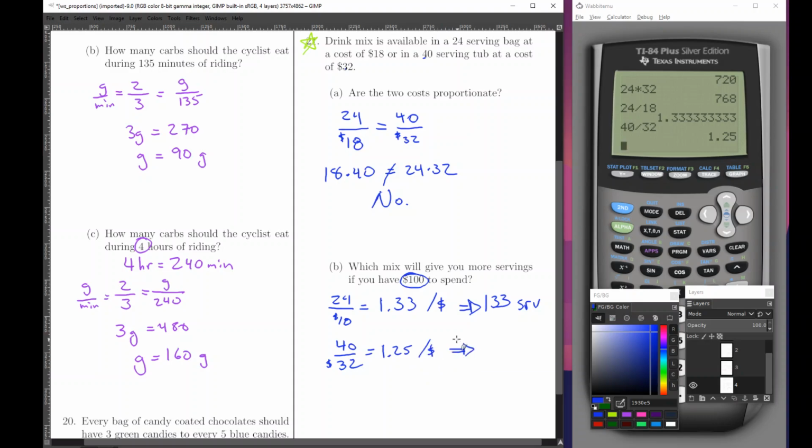Multiply it by that $100, and it gets me 125 servings. So it looks like this smaller one gets me more servings for my dollar.